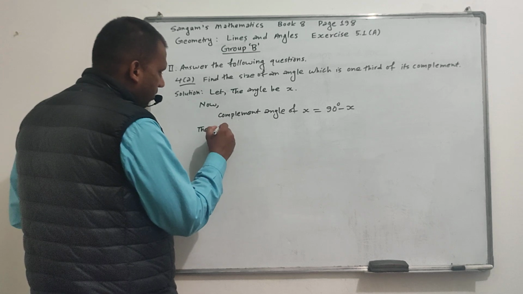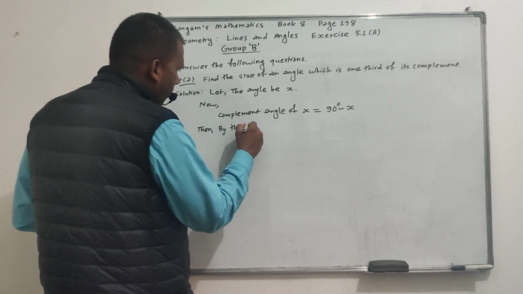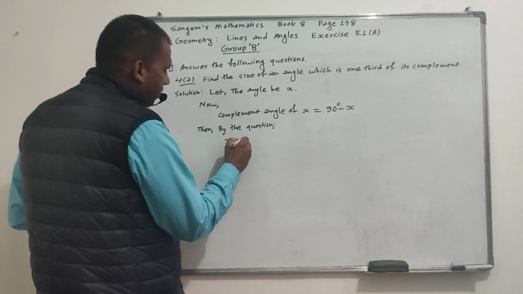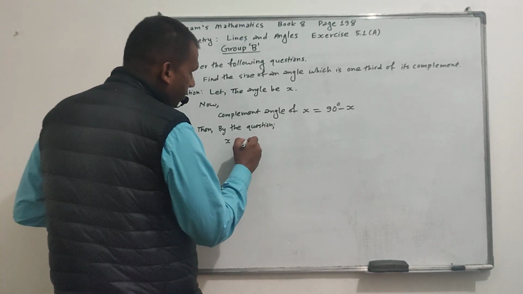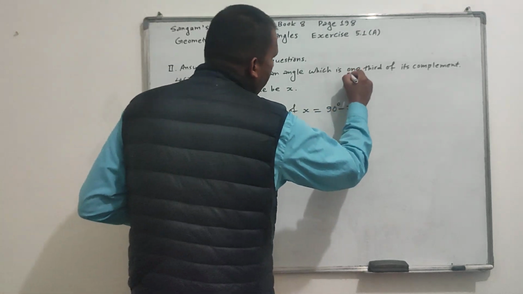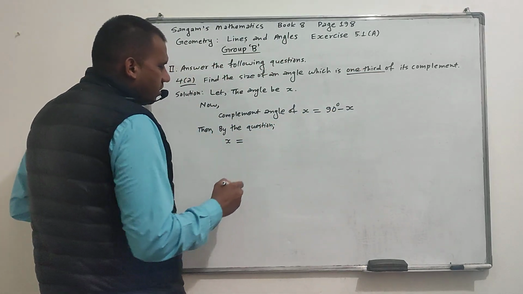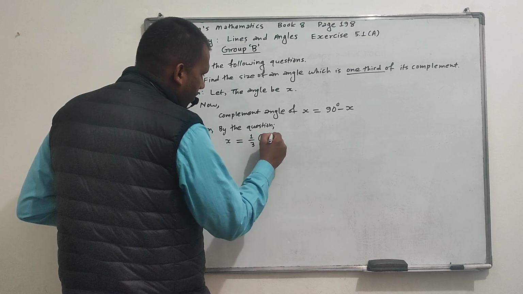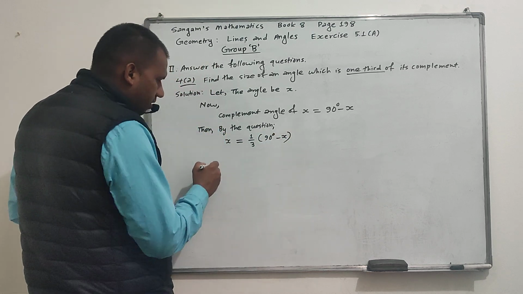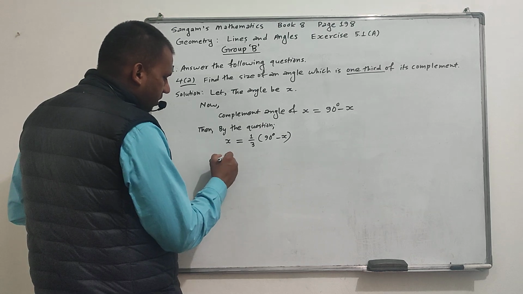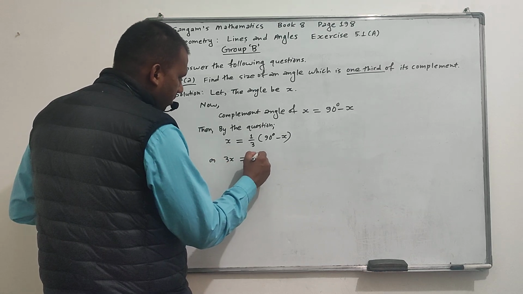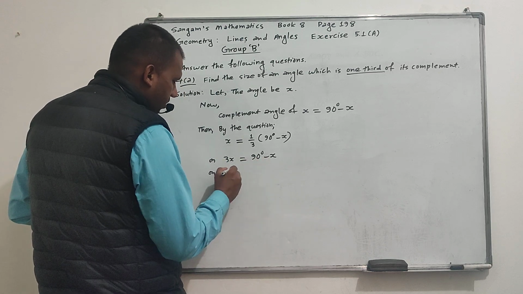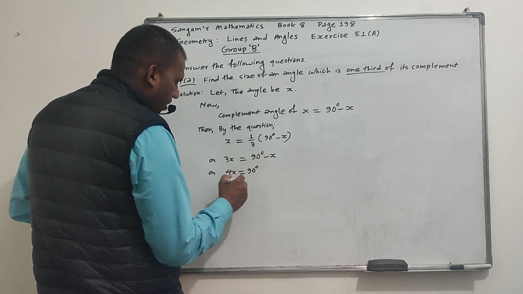Then by the equation, the angle x equal to 1/3 of its complement angle. So x equal to 1/3 of the complement angle, or 3 into x, cross multiplication, 3x equal to 90 degrees minus x, or 3x plus x, 4x equal to 90 degrees.